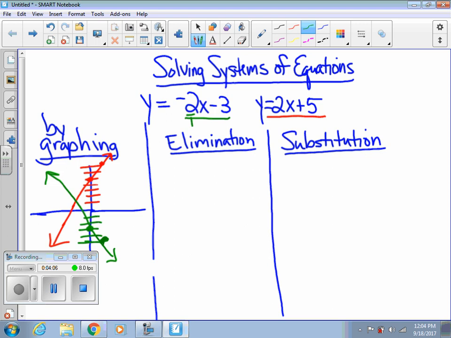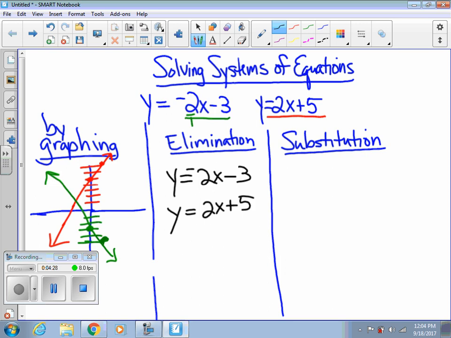So let's look at it using elimination. We're going to solve it algebraically. I'm going to take both equations, y equals negative 2x minus 3 and y equals 2x plus 5, and add the two equations together.